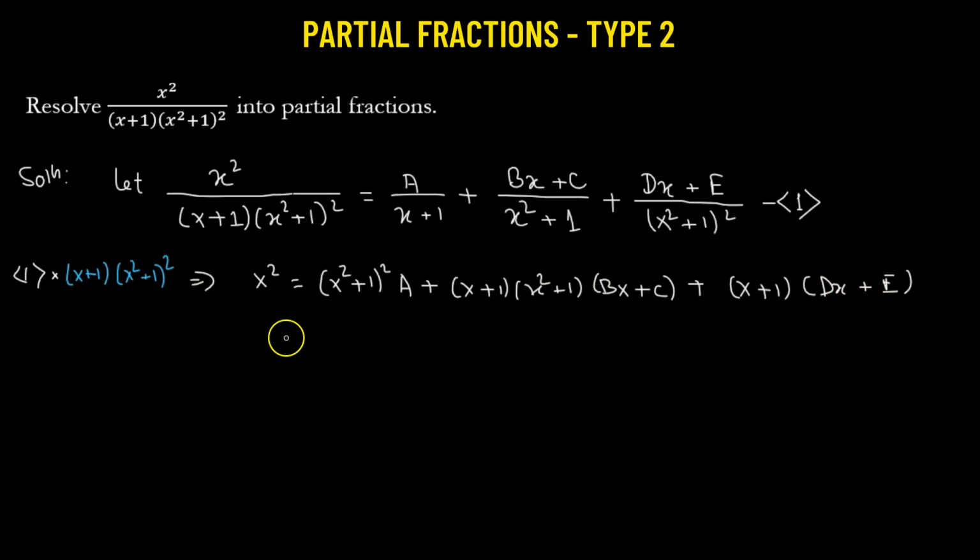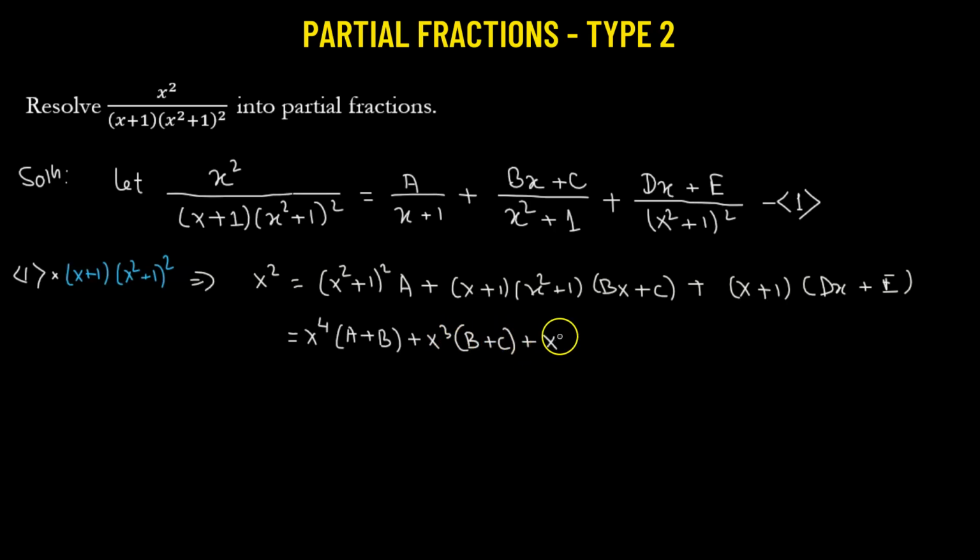Now we will expand the right hand side and combine all the like terms. The highest power of x will be x raised to the power of 4, so its coefficient is going to be a plus b. Then the next lower power of x in descending order is x cubed, so its coefficient will be b plus c.